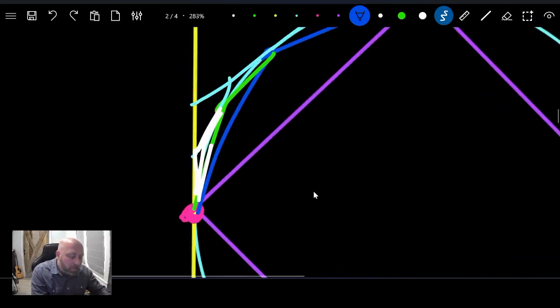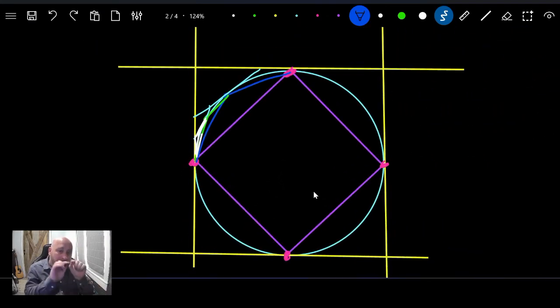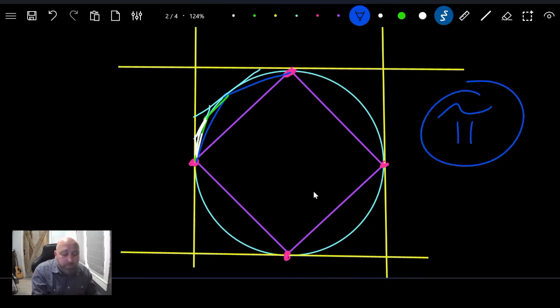Then they kept drawing these lines on the inside and the outside, and they kept measuring the straight lines, because you can measure straight lines. You can't measure the arc of the circle, but you can measure the straight lines. So they measured the straight lines on the inside of the shape, and then on the outside of the shape, and they used limits to help them understand, check this out, what pi equals.